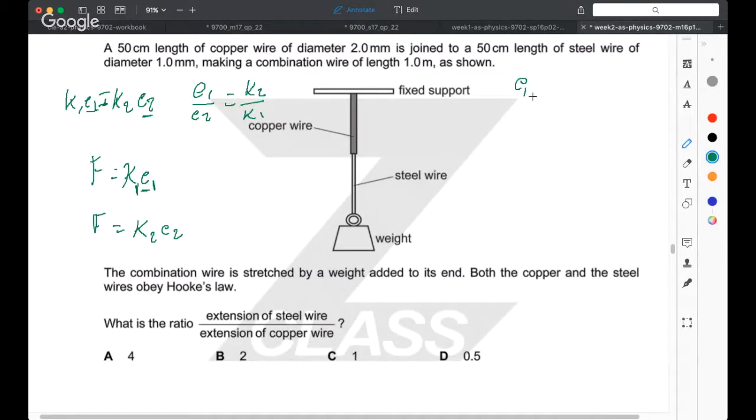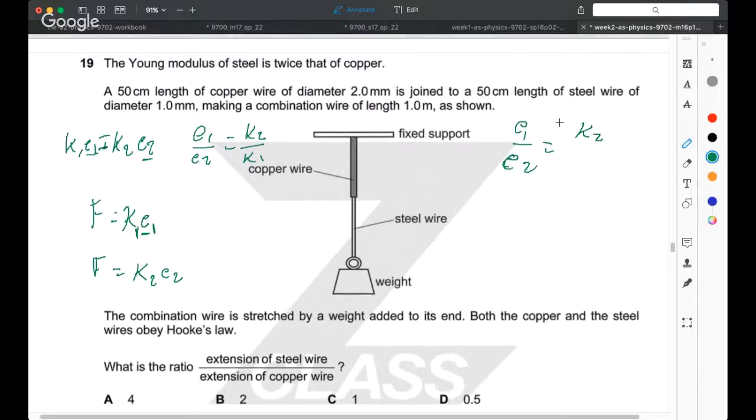Say K2 is copper. It gives you that the modulus of steel is twice that of copper.